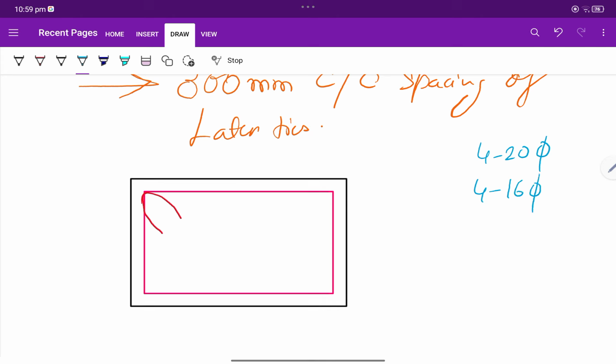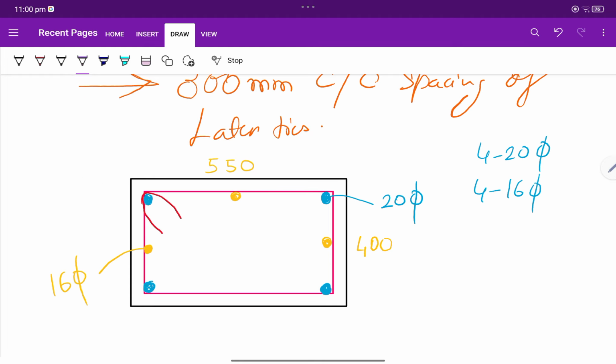One thing you will always remember is that the bigger dia bars are given at the ends. So these are the 20 dia bars, and now we will provide the 16 dia bars here. This is the 550 dimension and this is the 400 dimension.